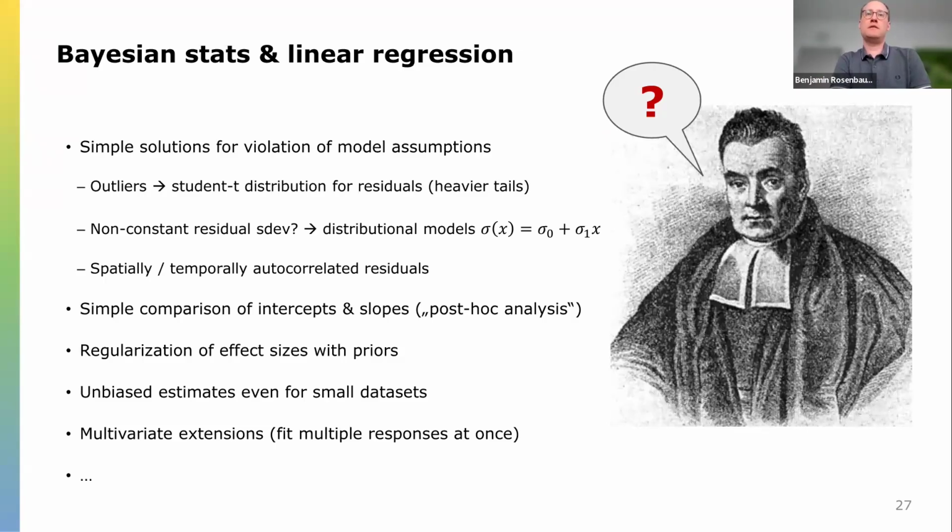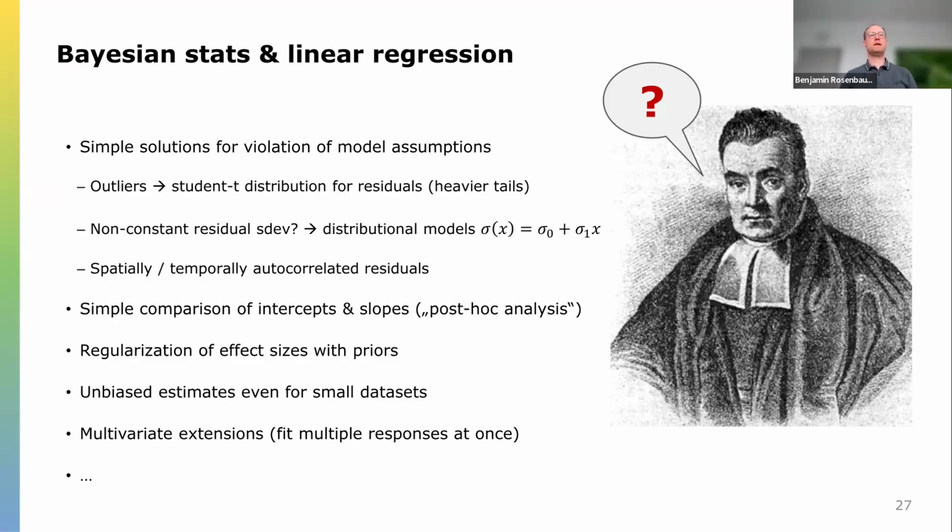This can be done by, for instance, a distributional model. I think in the GLM lecture next week, I have an example where you can make the standard deviation itself be a function of some predictors, so you allow that the standard deviation itself can change in your data set.